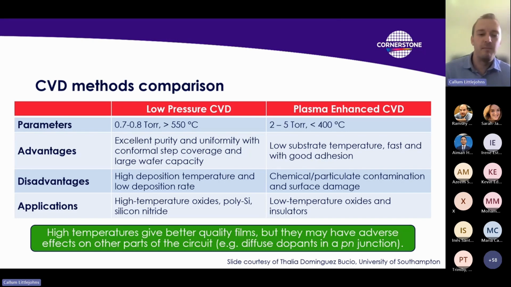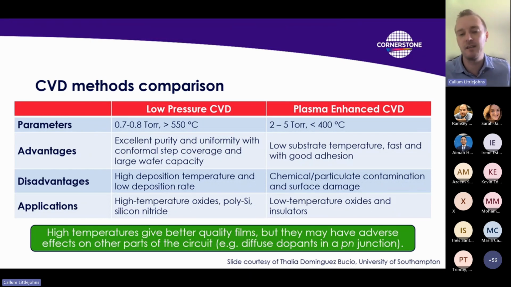Now, a general rule of thumb is that the higher temperature gives you a better quality film. So you might think, why don't we always use the low pressure CVD at a very high temperature to give us the best quality films? But the answer is that that temperature will affect other devices that may already be built into your substrate.